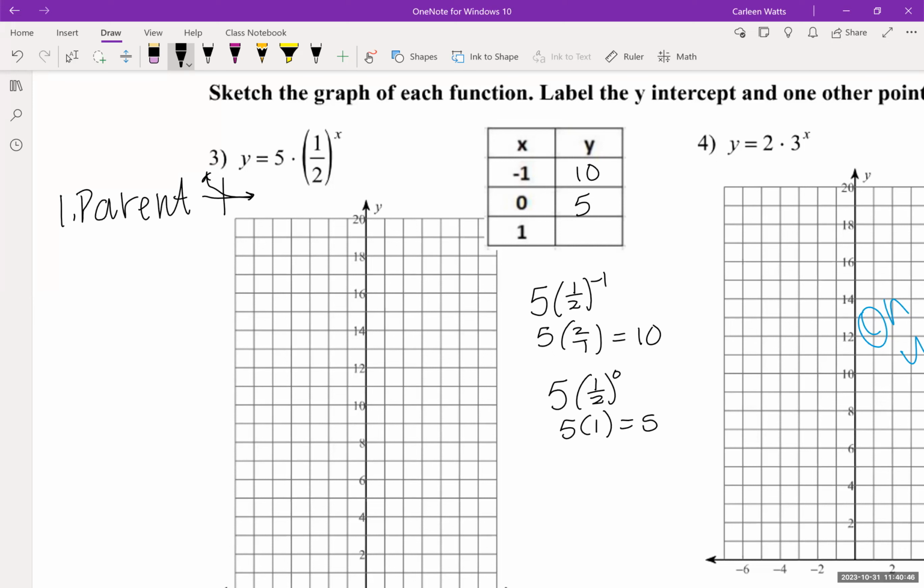Oh, can you see the power of the 1/2? I started off with 10 and next I got 5. Okay, it's cutting in half every time. So 5 times 1/2 to the first power is 5/2, which is 2.5.